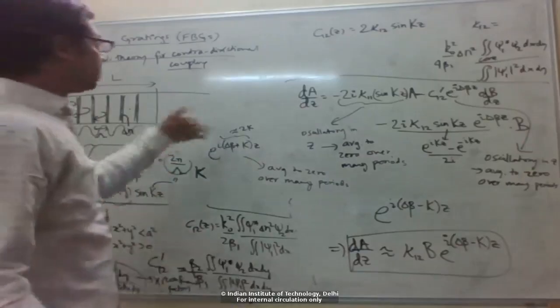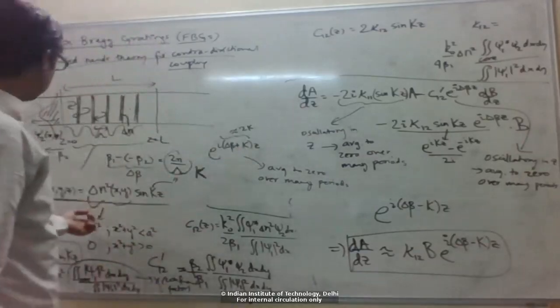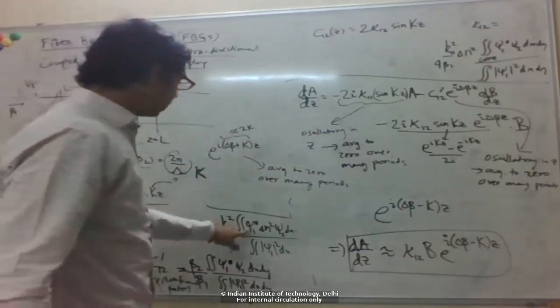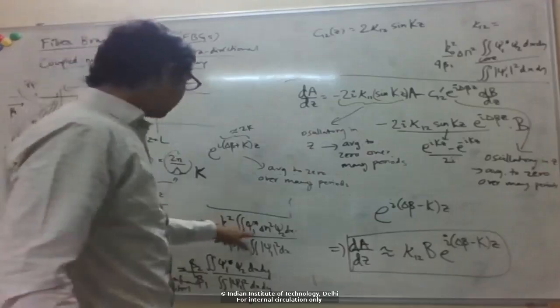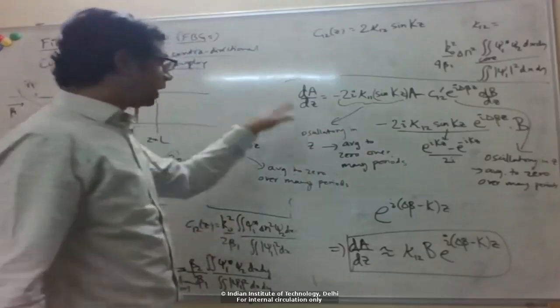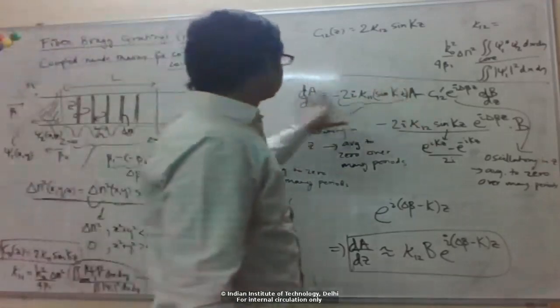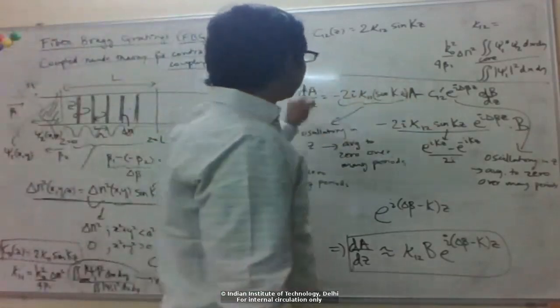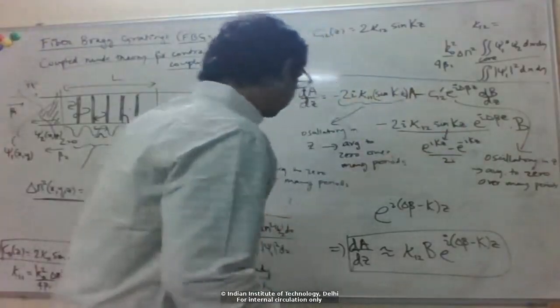Right, and now we can do the same thing to get the equation for B. So we started from multiplying by psi 1 star and integrating. You can do the same thing starting with psi 2 star and integrating, with the same arguments, right? We end up with some kind of equation like this, and again all the other terms will be oscillatory, only one term will remain.